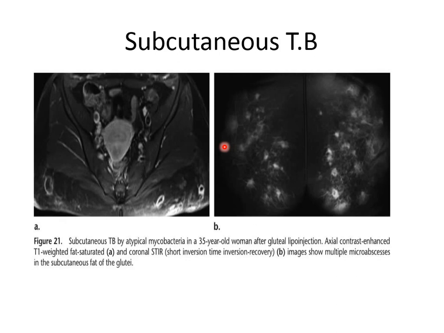We also have subcutaneous TB and intramuscular TB. This is about a gluteal lipo injection, and by a contaminated syringe, these micro abscesses developed. You see here, there will be edema surrounding it.